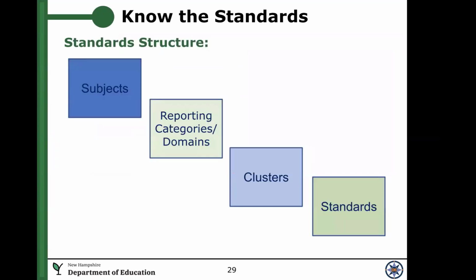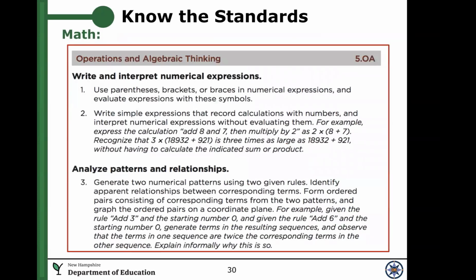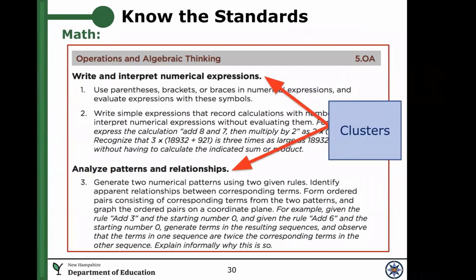As we move on from there, we have what are called clusters and then standards. So if we're looking at math, and I'm just looking right now at operations and algebraic thinking, that's my domain or my reporting category, but my clusters are write and interpret numerical expressions, analyze patterns and relationships. So those are sort of subtopics within operations and algebraic thinking.